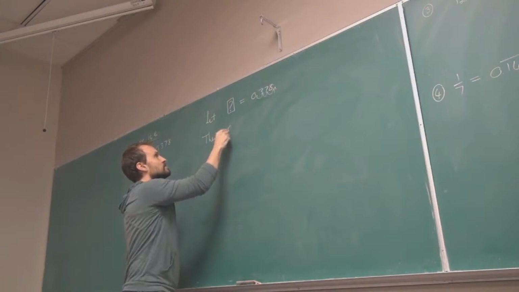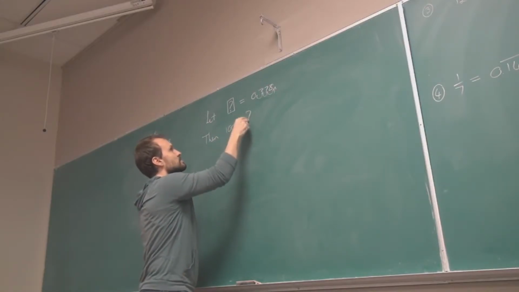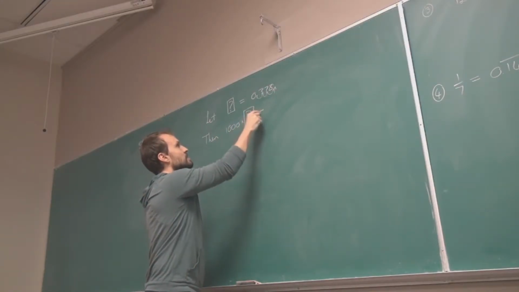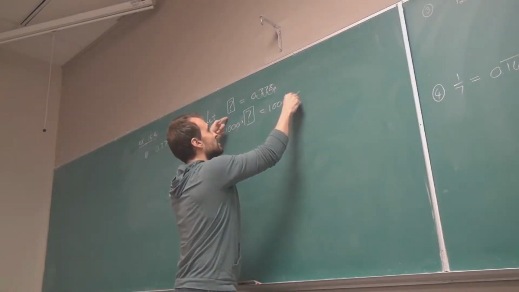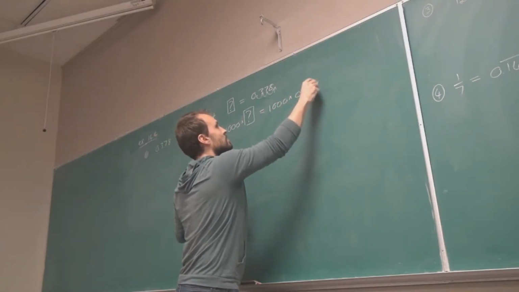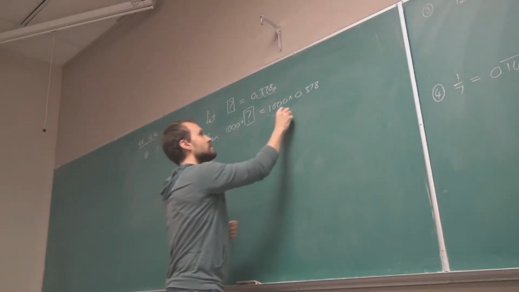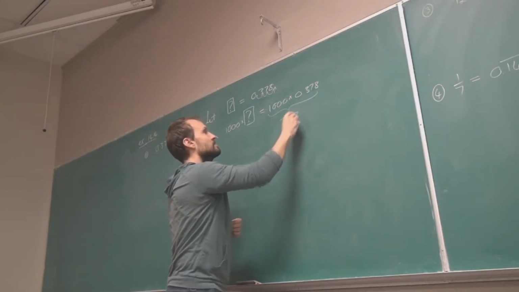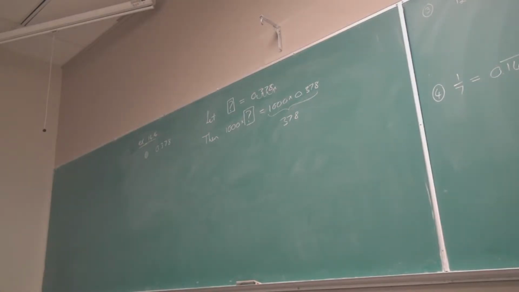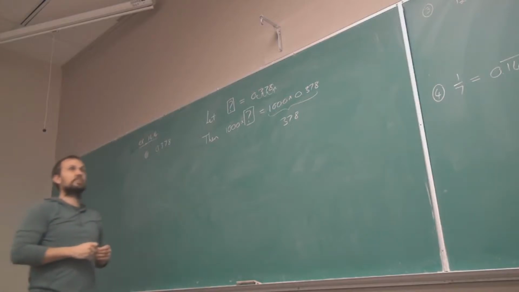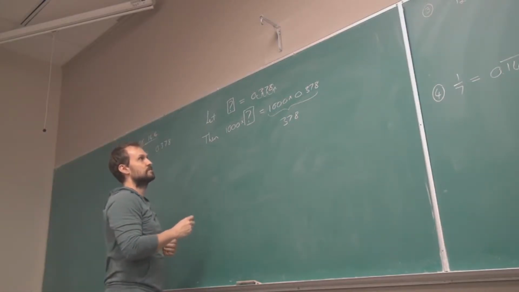So 1,000 times the number. I have to do it on both sides, right? It's the same number. But now this, I can write as 378. Multiplying by powers of 10 moves the decimal back and forth. That's the convenience of our decimal system.